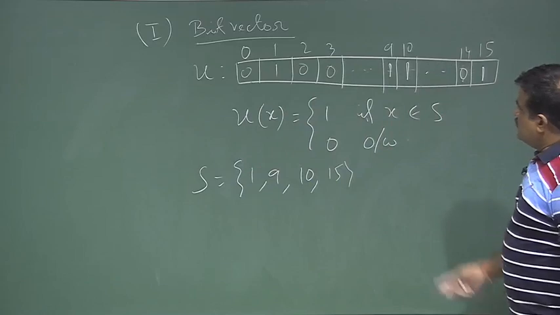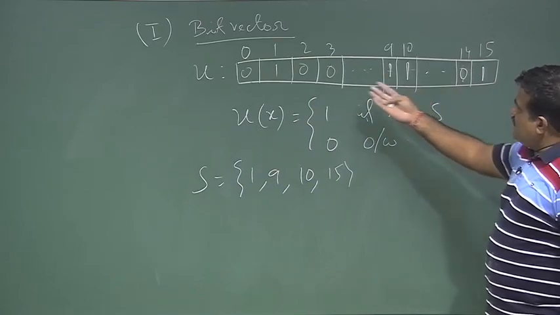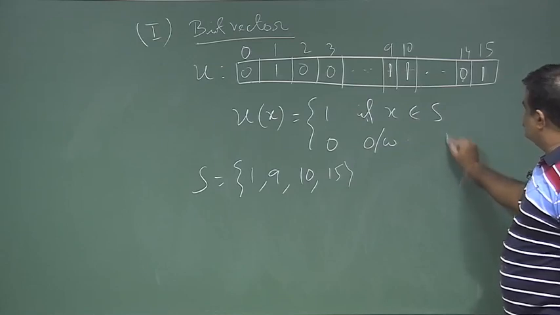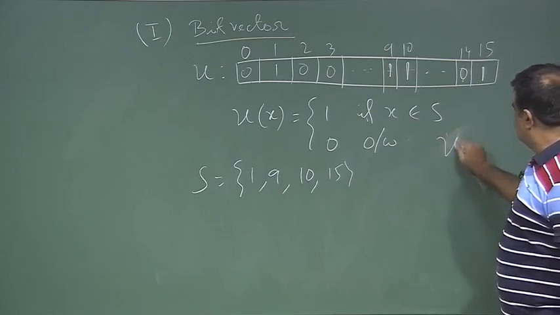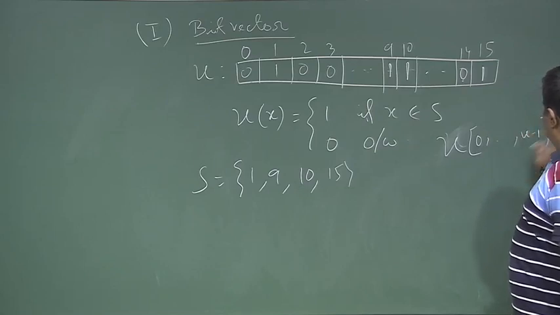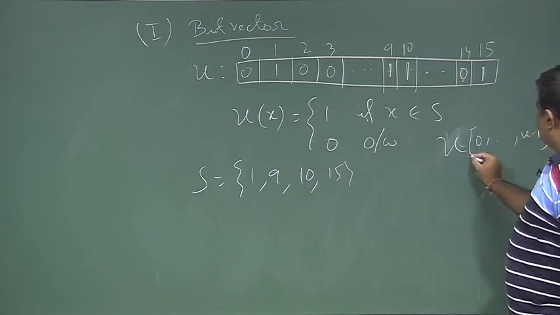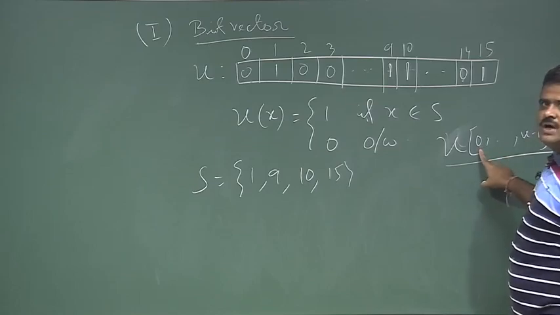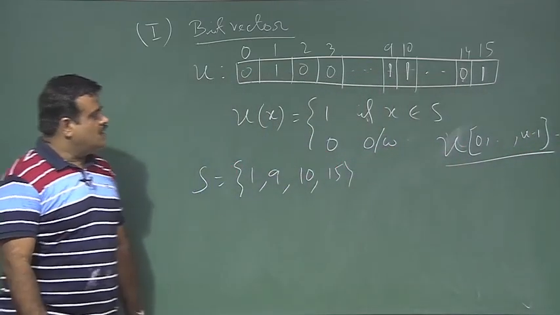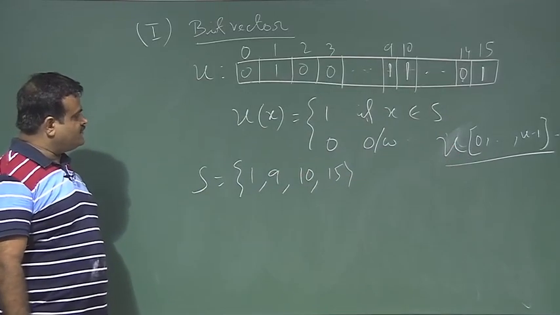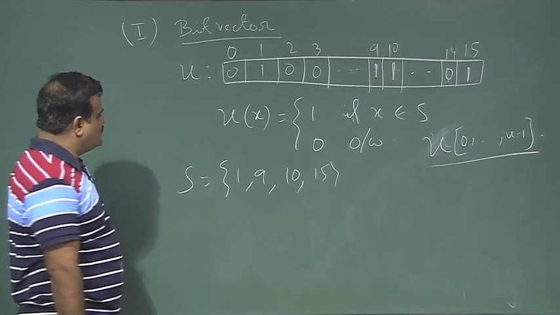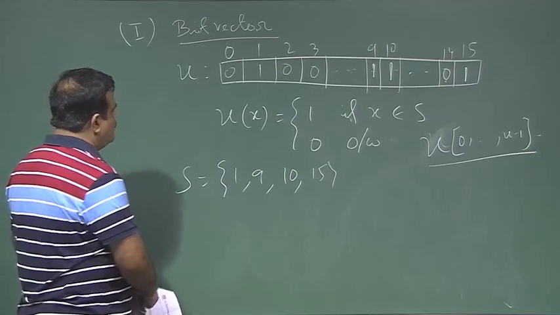Okay. So, U is an array of size capital U. We start the array from 0, like in C language our array goes from 0 to U minus 1. Okay. So, now if we use this data structure, how to insert an element?